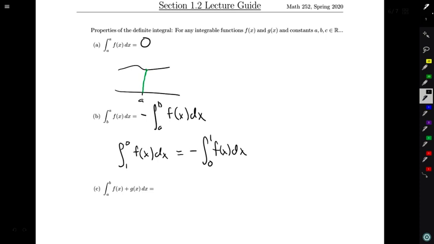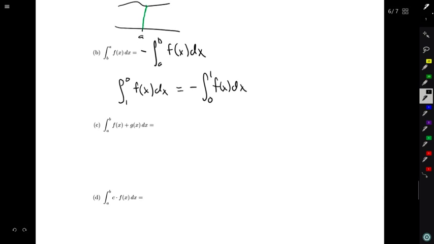It shouldn't be entirely clear why this is right now, why integrating in the backwards direction should make your area negative, but it's going to turn out that this gives the integral some nice properties later on that are going to make a lot of problems easier. So we're going to work with this for now.